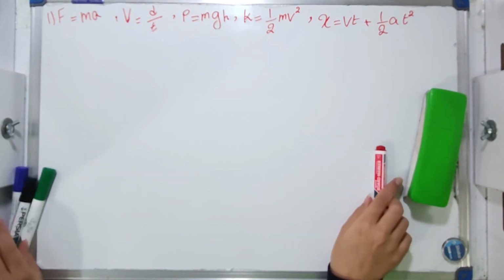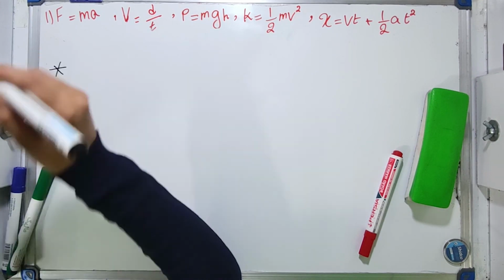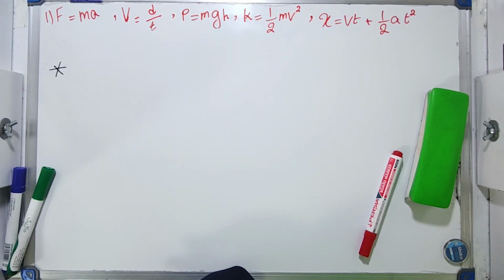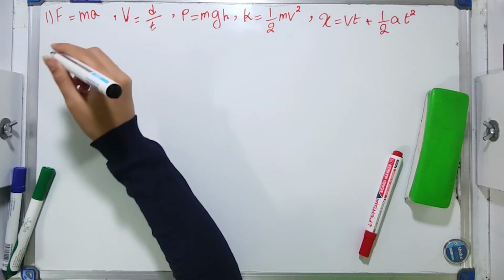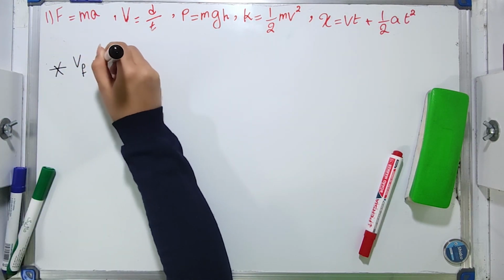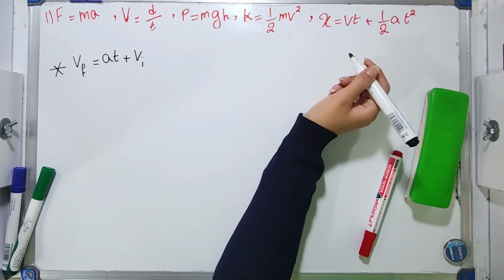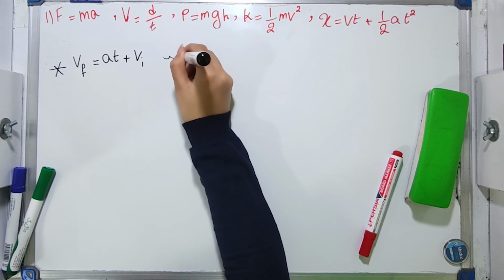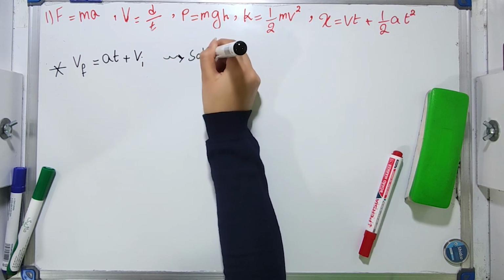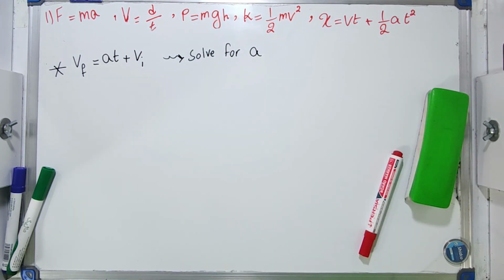For the multiplication group, solve this example. Plus vi. Solve it for a. Put the equation in the comment.